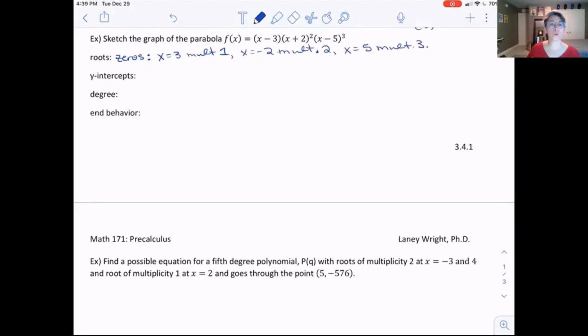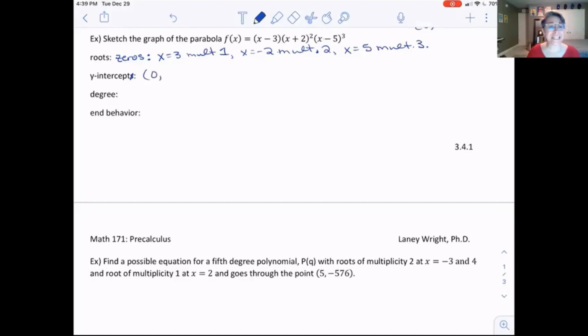So those are our roots or our zeros. We also want to know the y-intercepts. And I know it says plural there, but really, if it's a function or parabola, we're only going to have one intercept, right? So a y-intercept, that means our x is 0.